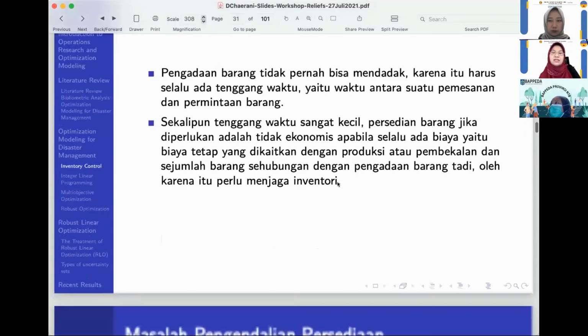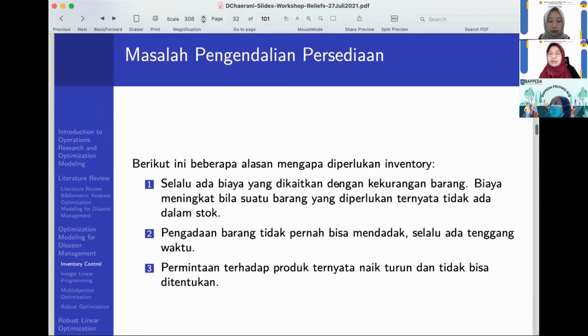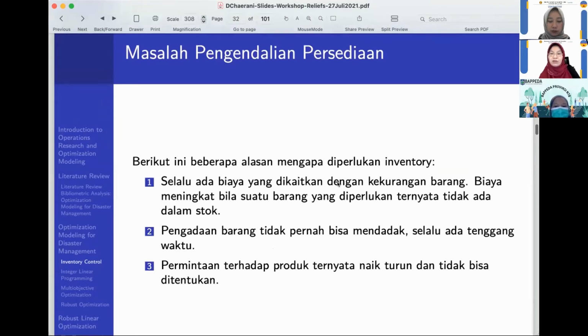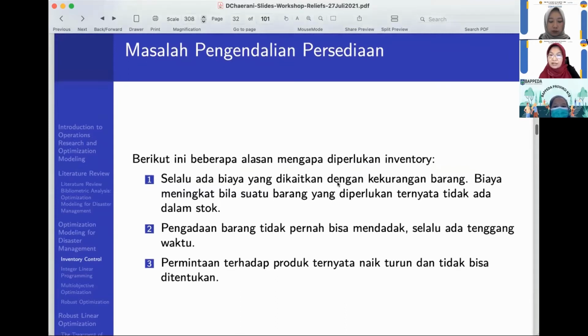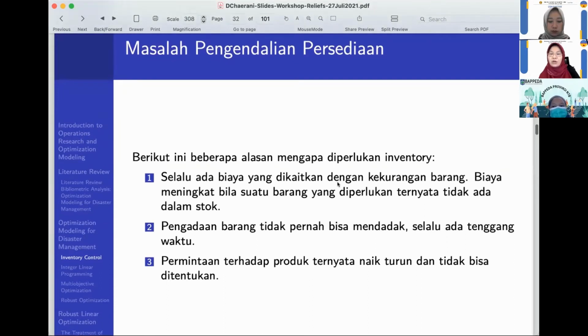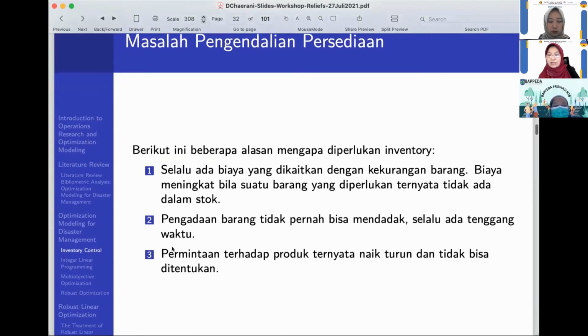Beberapa alasan lain yang harus kita amati ketika melakukan inventory: selalu ada biaya yang dikaitkan dengan kekurangan barang, biaya meningkat bila suatu barang yang diperlukan ternyata tidak ada dalam stok. Pengadaan barang tidak bisa mendadak, dan permintaan terhadap produk naik turun dan tidak bisa ditentukan. Ini juga ada ketidaktentuannya.